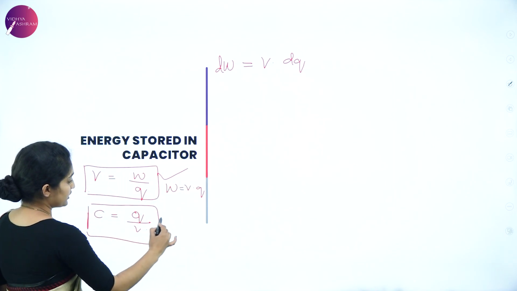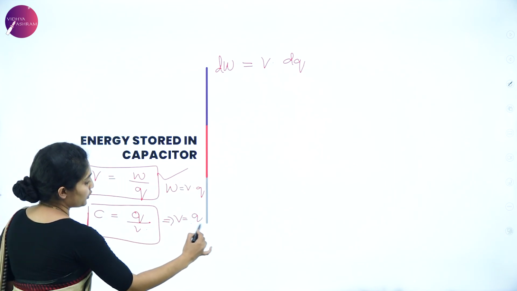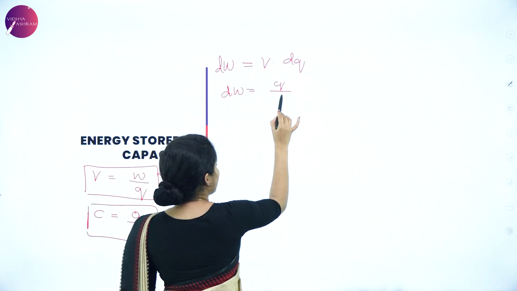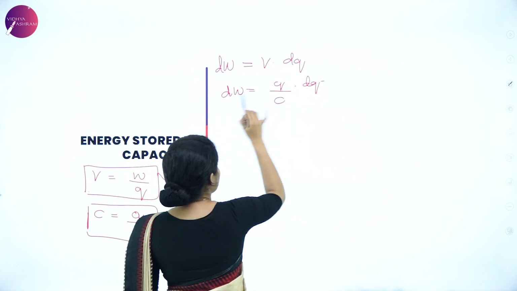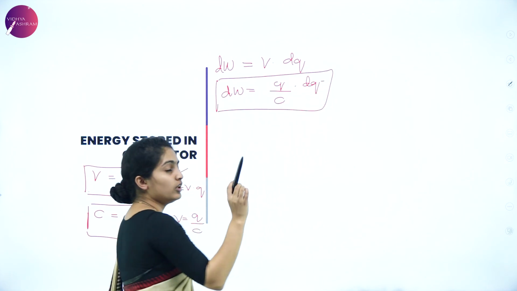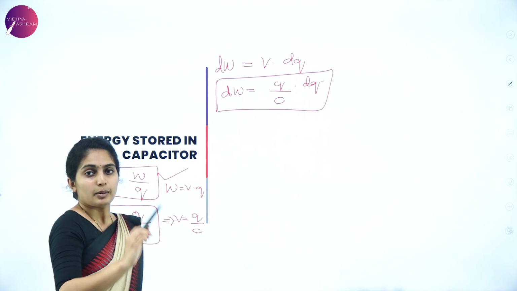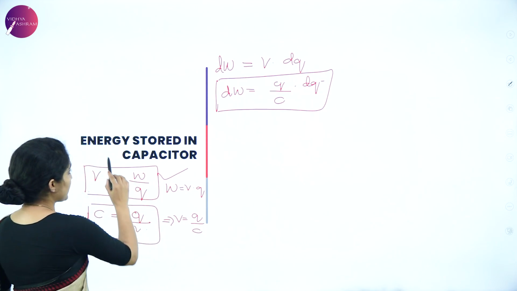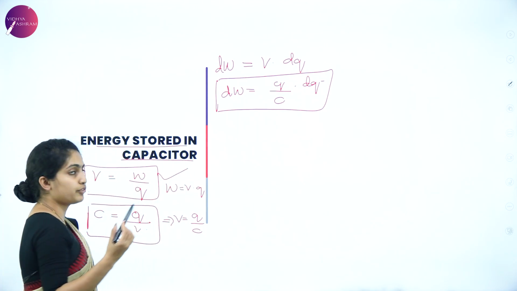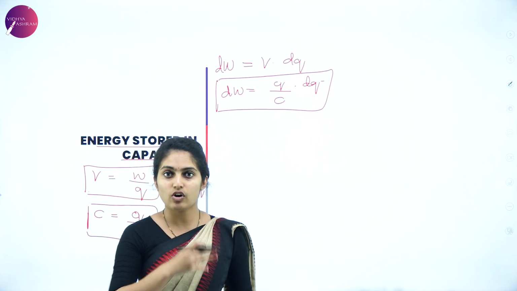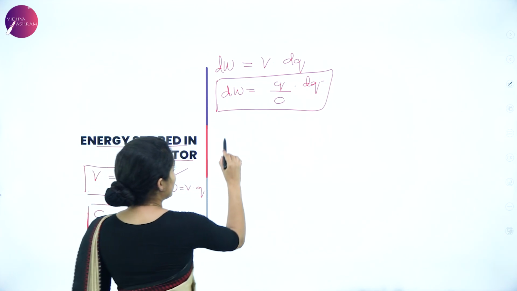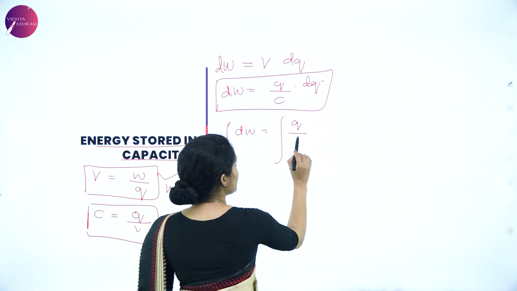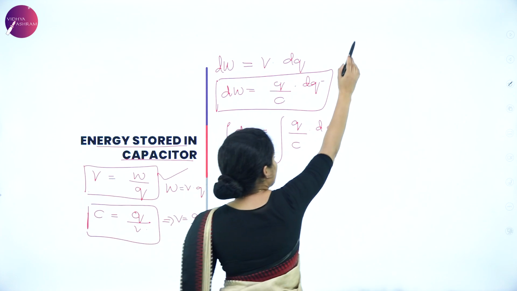In the place of V, we can substitute V is equal to Q by C. So dW is equal to Q by C into dq. This is with respect to only one small element. But since we are checking the energy stored in a capacitor, we have to consider the total charge, so we integrate: dW is equal to the integration of Q by C into dq.